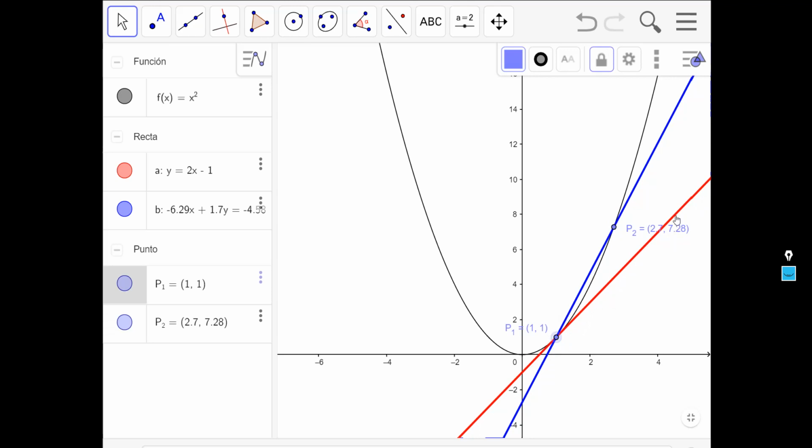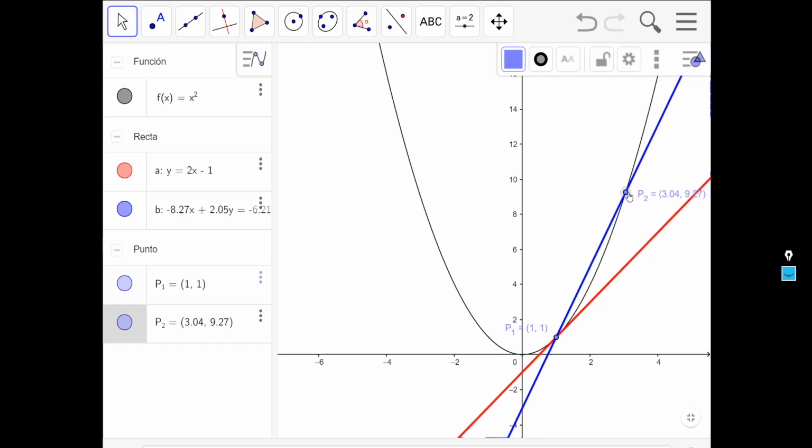Now, if you remember the other problem, calculating the same slope at the point 3, 9. I think it was 3, 9 or 2, 4. I can't remember. Let's suppose it was 3, 9.